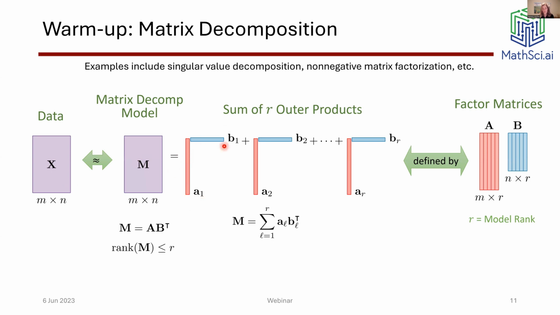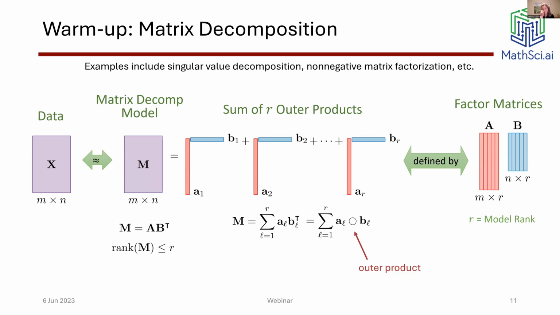So A1 outer product B1 plus A2 outer product B2, all the way up through AR outer product BR. So these have the same number of columns. And so we sum up those outer products, and that gives us our model. So we can write it more efficiently. It's just M is A times B transpose. And we know because of the way we constructed M that its rank is no larger than R.